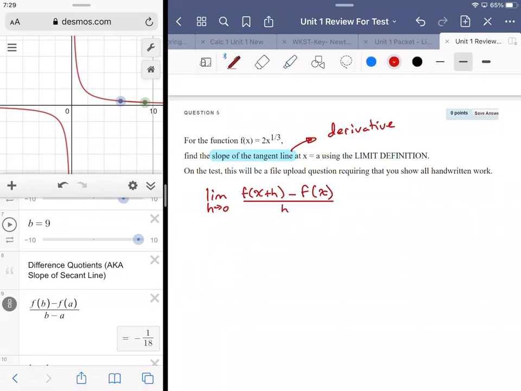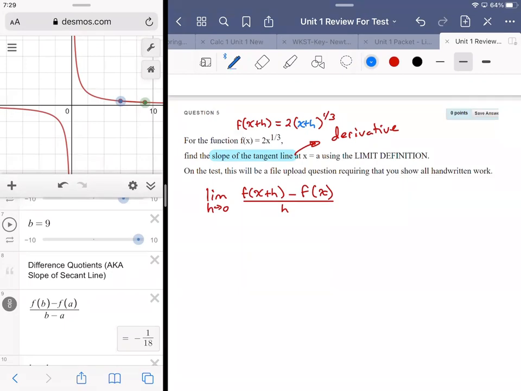We already have the f of x part. We need the f of x plus h, which we learned previously is the same as saying, take your original function, replace every x with an x plus h. So that part is not going to be too bad.